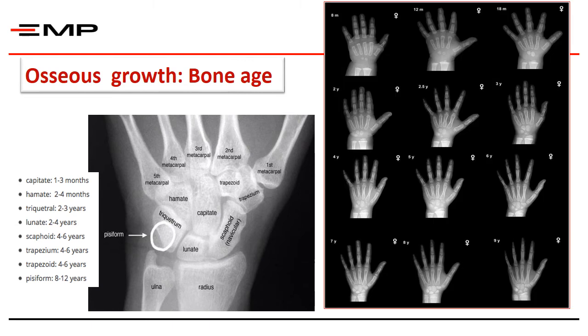For example, at the age of 1 year, there are 2 carpal bones. There are 3 carpal bones at the age of 2 years, and there are 4 carpal bones at the age of 3 years. Bone age should be equal to chronological age. Any discrepancy, whether advanced or delayed bone age, should be explained.